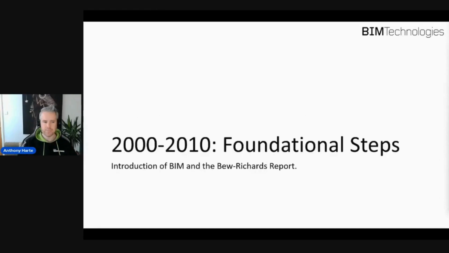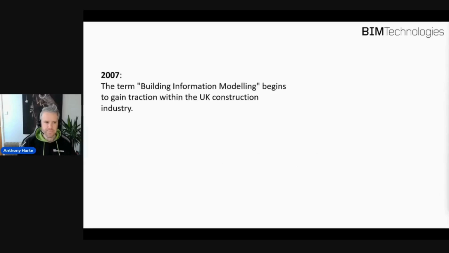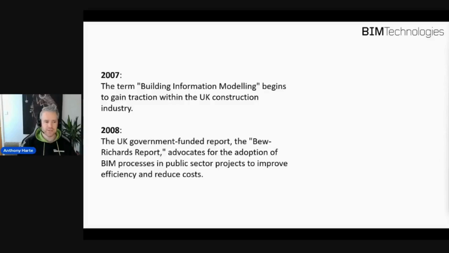A couple of key dates for us in the UK: in 2007, building information modelling as a term started to gain traction within the UK construction industry. And in 2008, a government-funded report encouraged the adoption of BIM processes in the public sector to improve efficiency and reduce cost.